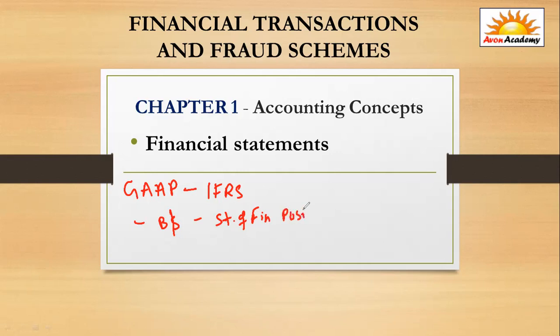You got the point? When you talk about financial statements, it's not just the balance sheet. It's also the profit and loss account, the P&L account. Here you share all the expenses and income of the company for that particular period. The third statement you need to prepare is the changes in equity.